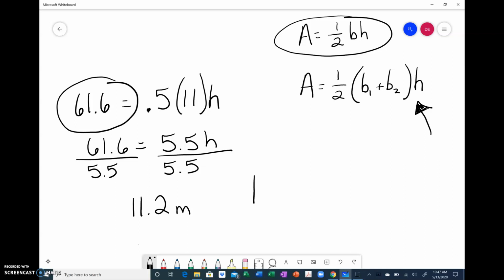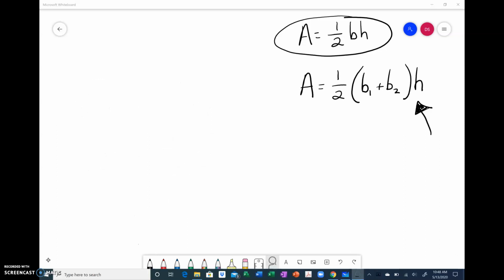If I were you, I would pause and try to do 5 on your own and then come back to see how it's worked out. Okay, number 5. We are told that the area is 108.5, and that equals 1/2 times a base that we don't know times 14.